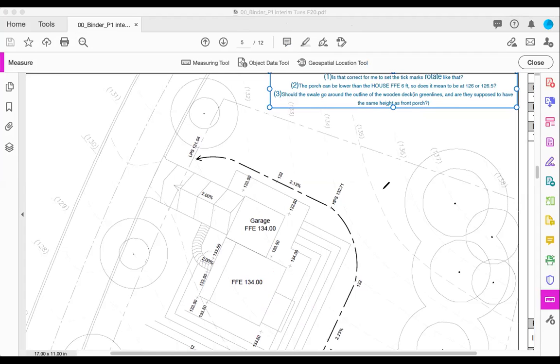So the deck does not have to have a relationship with the front porch. It only needs to be connected to your house FFE. So you can grade the deck to be below the FFE, or you can grade it to be exactly the same as the FFE, okay? But the key thing is to focus on the ground for now. Yeah, you can pretend it doesn't exist, in order to develop your draft, okay?